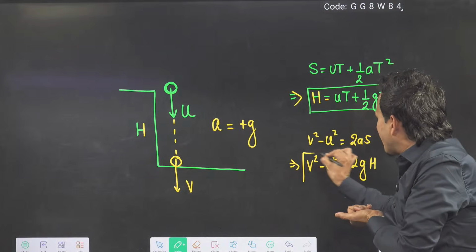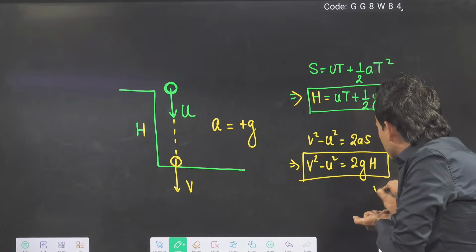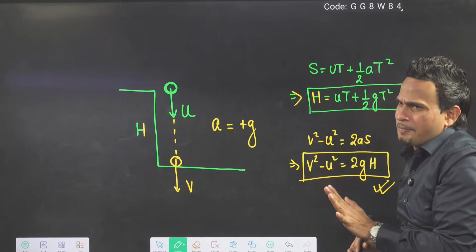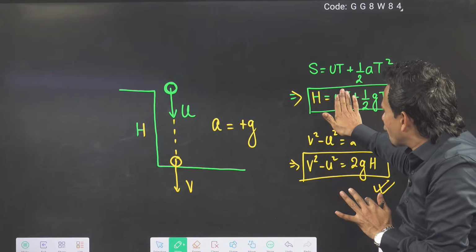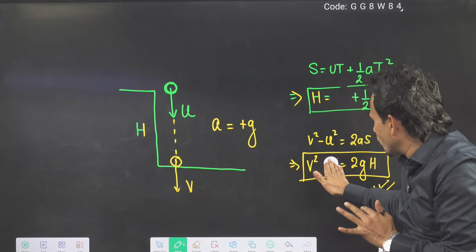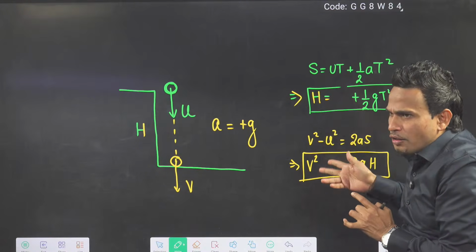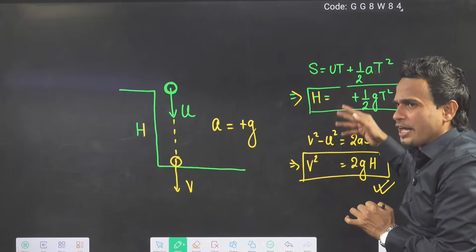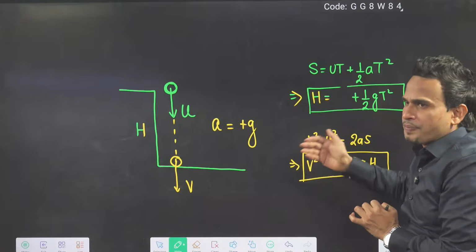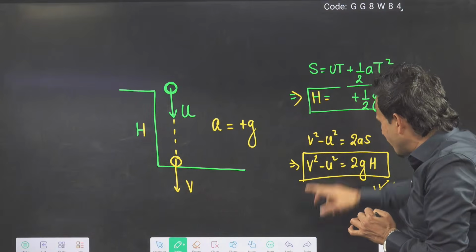So from here we can find the final velocity on reaching the ground. So actually formulas are not there. The formulas for free fall came from here only. If you make u 0, you'll get all the formulas of free fall. So free fall is a special case of vertically downward projection when u is 0. But okay, no problem, we will do one question.